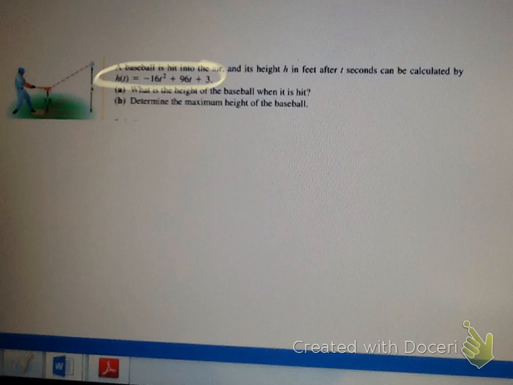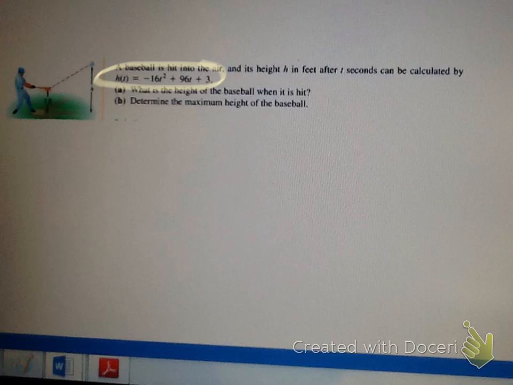And so the negative 16 in the formula just represents the gravity. And you'll see that in a lot of formulas. You'll see negative 16 t squared, and then the other numbers will be depending on what's happening in the story. And so they give you that equation, and they ask you, what's the height? Let me change colors here. What is the height of the baseball when it is hit?